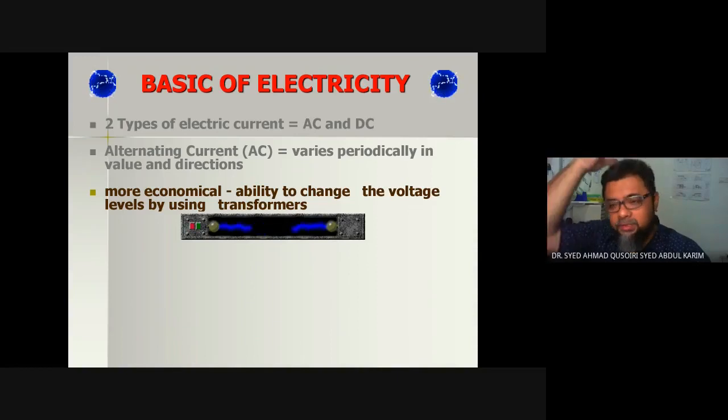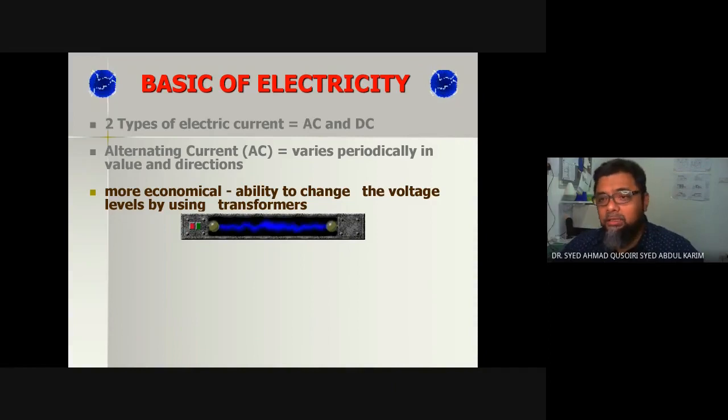When it reaches where it's intended to be, it will go through the step-down transformer, before going to another series of step-down transformers before passing it through to the users. This is the unique characteristic of alternating current.